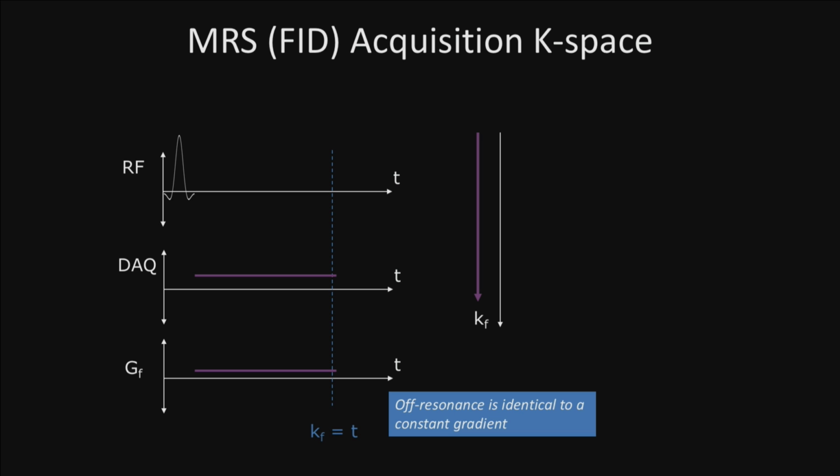You can think of any sort of off-resonance, whether it's chemical shift that we might be interested in, or other sources that change the main magnetic field, as equivalent to a constant gradient. This is a gradient that is always on. So if we think of this in the K-space trajectory framework, we're always moving in this KF dimension. And just like our imaging experiment, where we acquire data in our spatial K-space, now we acquire data in what I'll call spectral K-space. We do a Fourier transform, and we're back to our spectrum domain here.